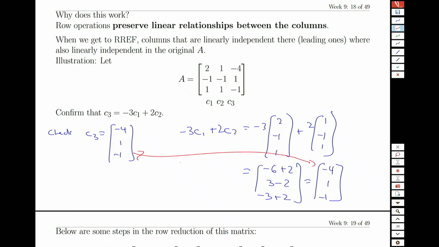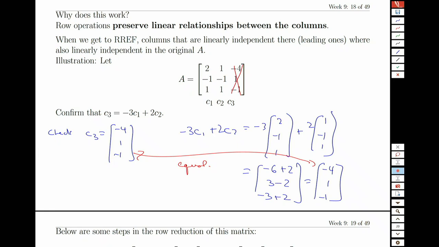So these are equal. In our minds, that means I don't need that third column in a linearly independent set, because it's a linear combination of the first two. If we were doing this without the RREF stuff, that would be our conclusion.